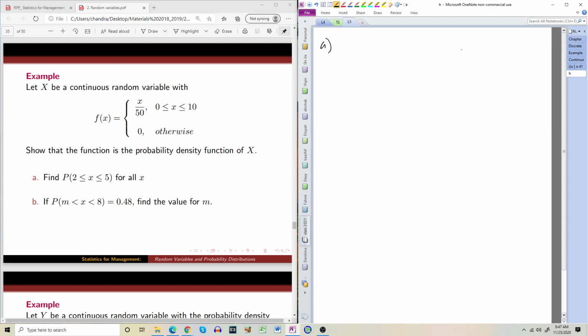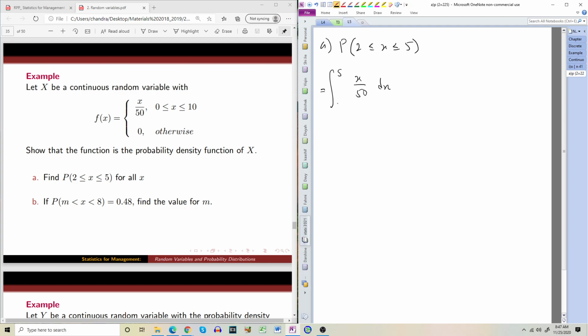A. Find the probability of x between 2 and 5. For a continuous random variable you have to integrate, from 2 to 5. For discrete, what do you do? You just substitute the value, that is the answer.